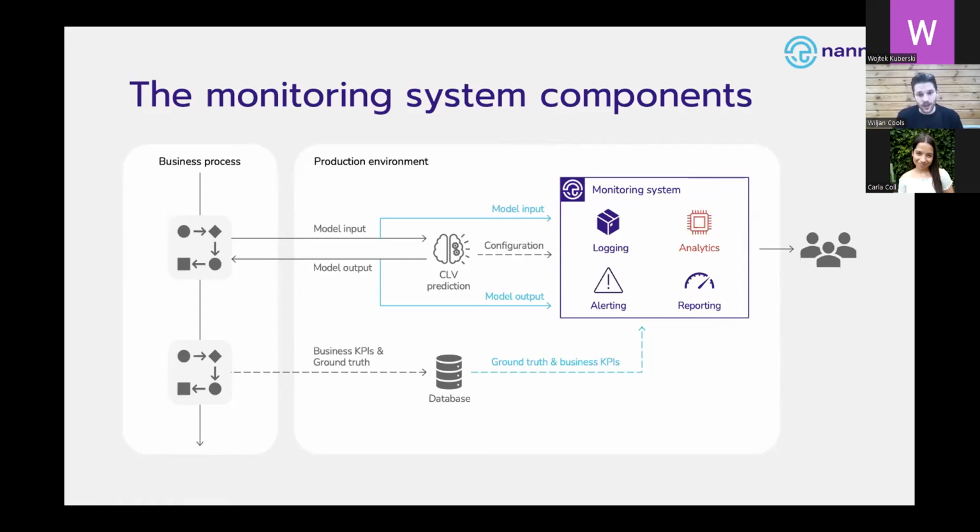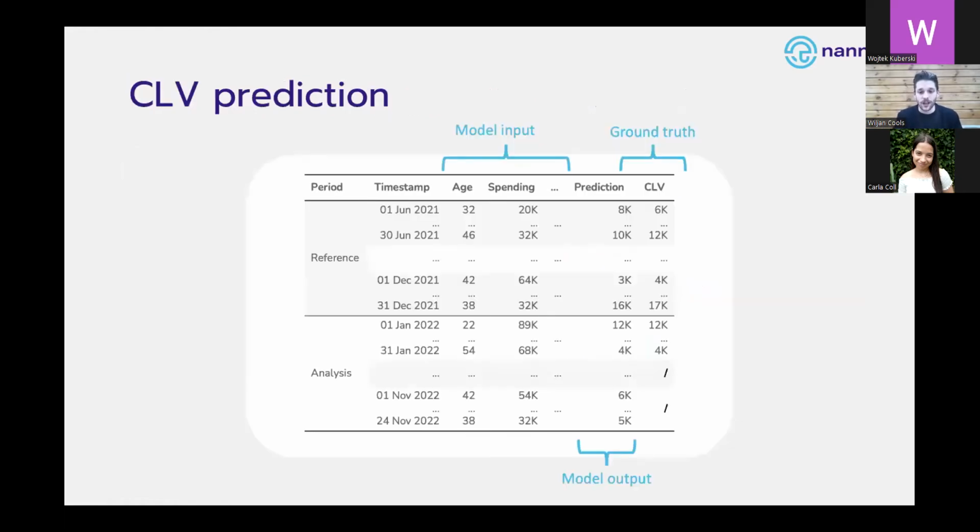For demo purposes, we're going to zoom into a little bit of the analytics part, which is done by the open source NannyML library. In the customer lifetime value prediction use case that I just illustrated a little bit, if we look at which data we would capture over time, we have the reference data. This is ideally the test set, where we collect some features over time.